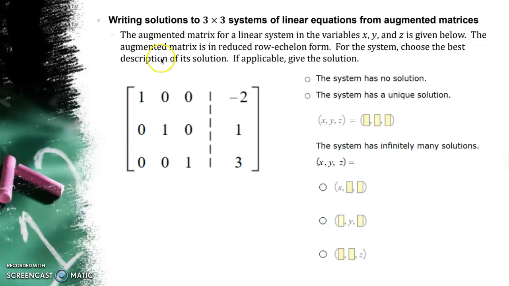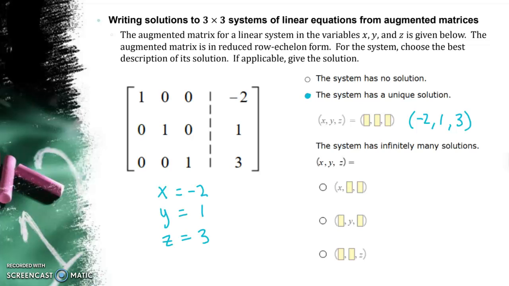So let's look at this augmented matrix and come up with the equations we would have from this. We would get 1x equals negative 2, 1y equals 1, and then z equals 3. So for this problem, we have a unique solution at one point, and that is (x, y, z) equals (-2, 1, 3).